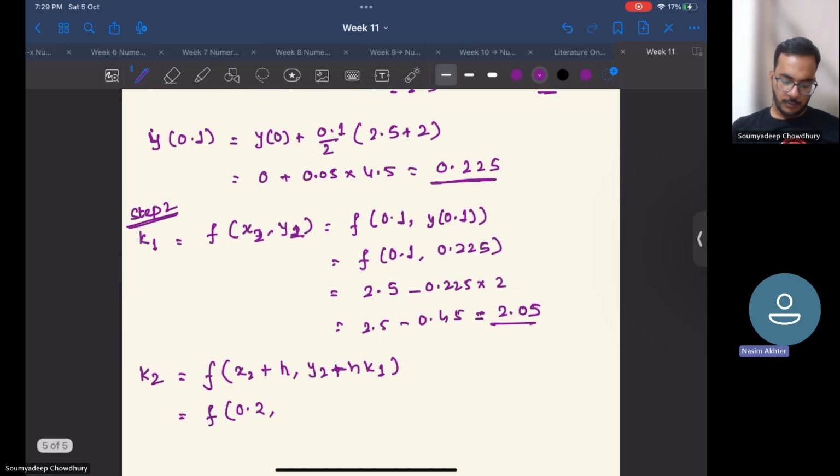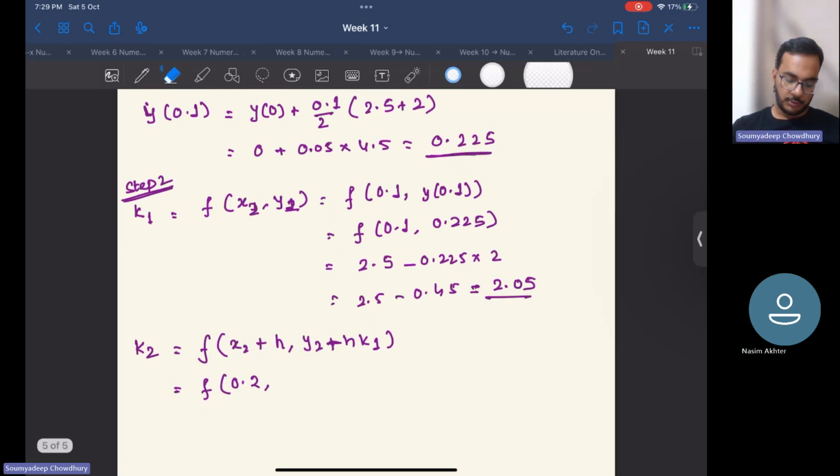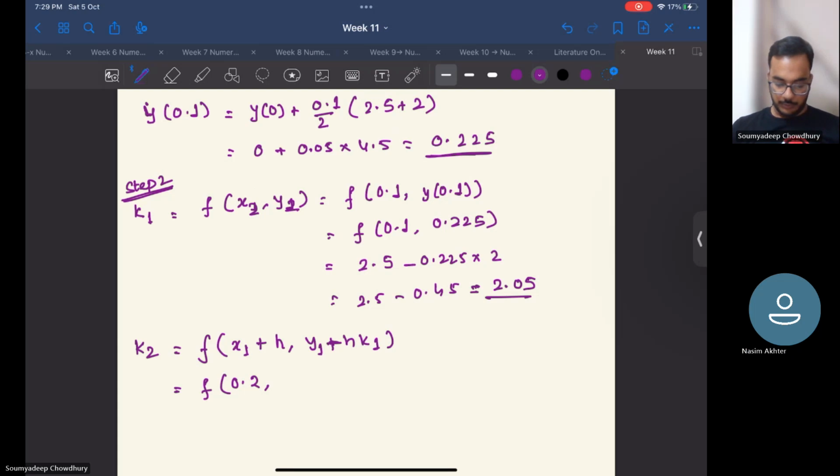Then comes y. Sorry, this is not y2, this is y1. This is also not x2, this is x1. So y1 is y of 0.1, that is 0.225, plus h which is 0.1, times K1 which is 2.05.